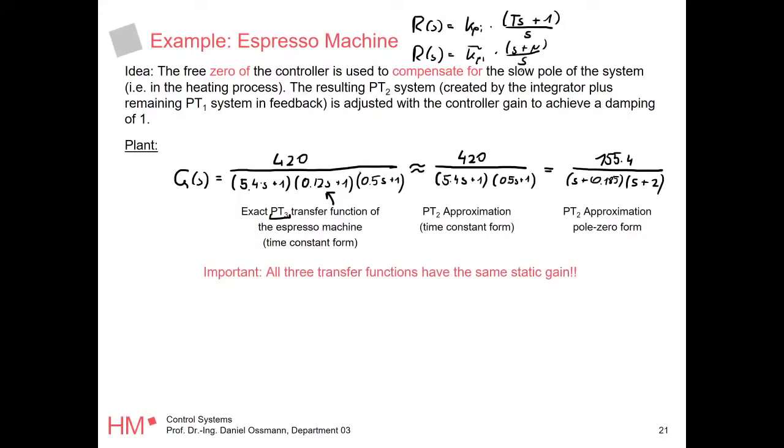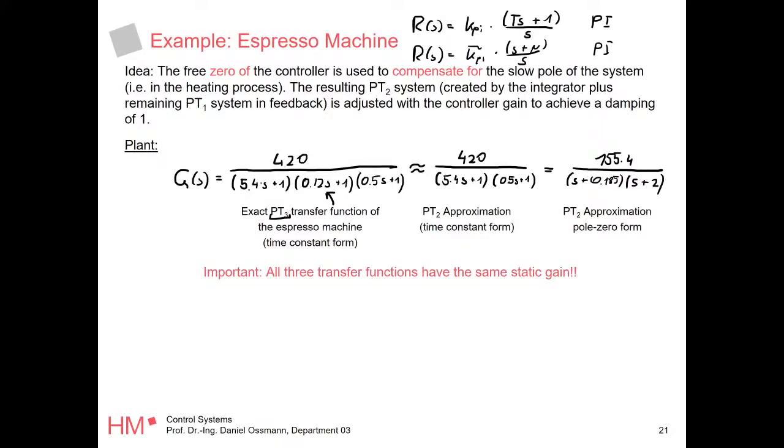So these are the same. Obviously the gains you get out are changing, but these are both PI controllers. The first one is in a time constant form, the other one is in the pole-zero form. And now the question is, which one are we using?